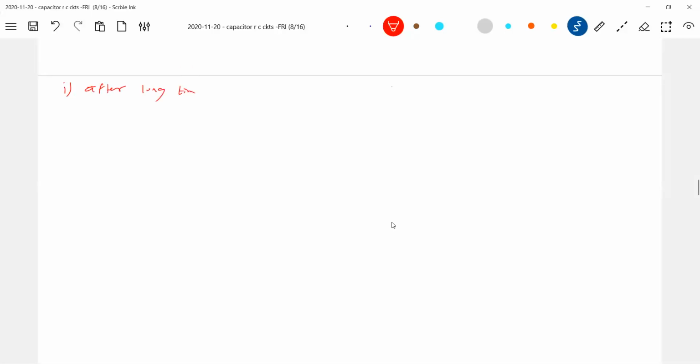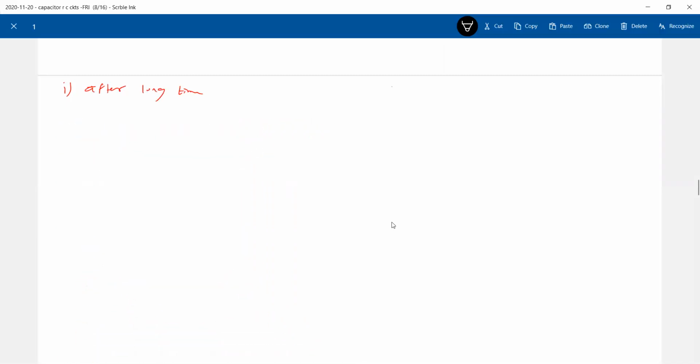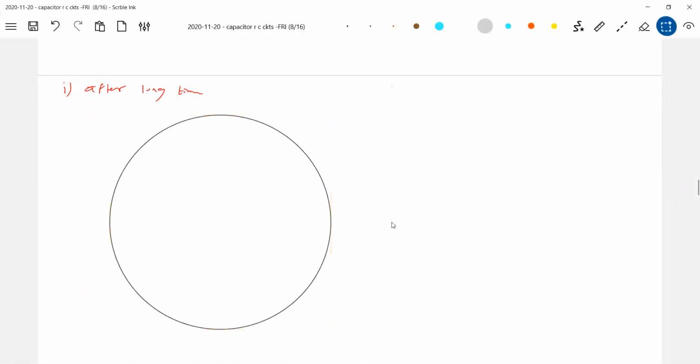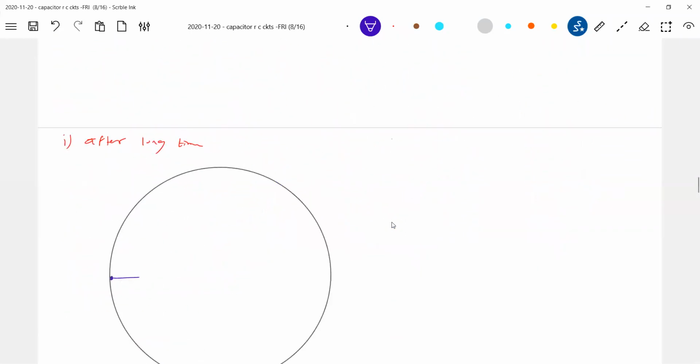After a long time. So there'll be this capacitor, this resistor I need not do. This will be, so here this resistor will be there. Here open circuit. There'll be a resistor here.